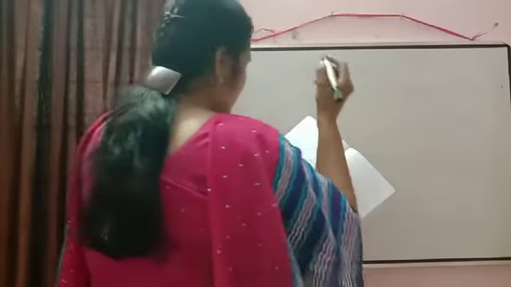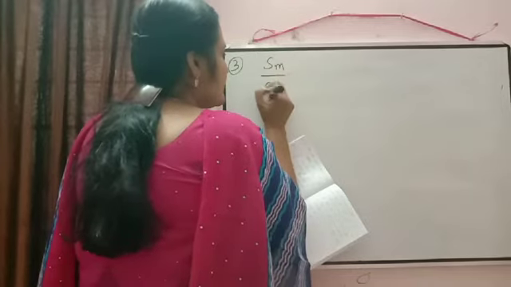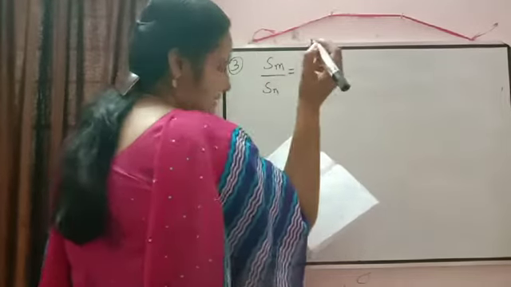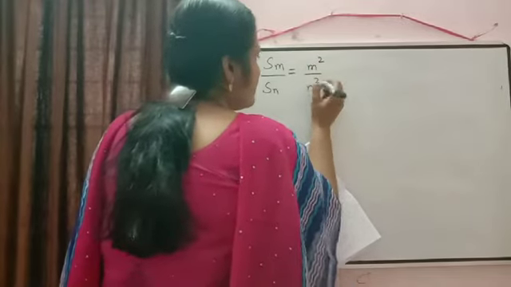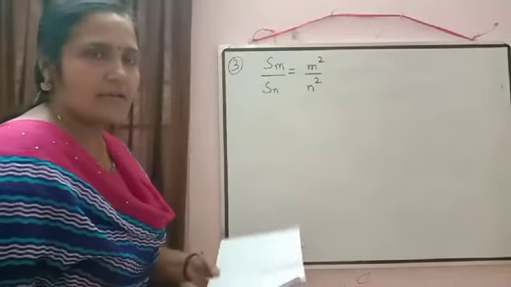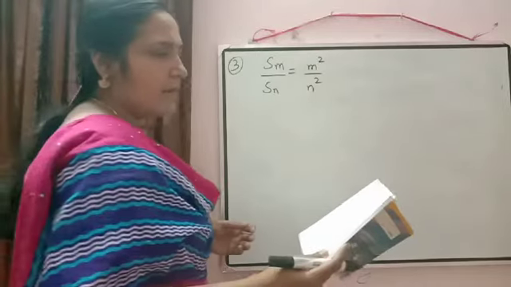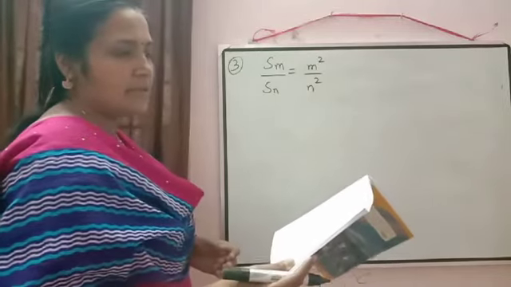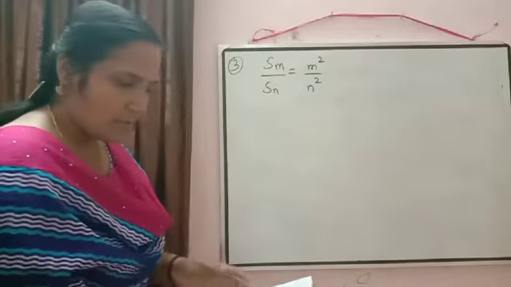So Sm by Sn is equal to m square is to n square. This information is given. Now we have to prove that the ratio of the mth and nth term is equal to 2m minus 1 is to 2n minus 1.